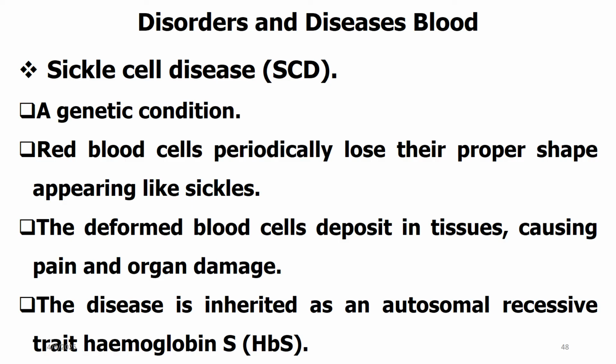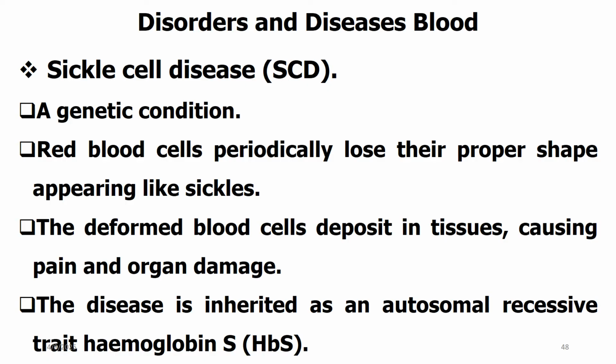Sickle cell disease is a genetic disorder whereby red blood cells periodically lose their shape and appear sickle. The deformed red blood cells deposit in tissues, causing pain and organ damage.